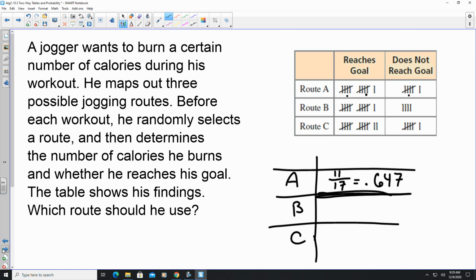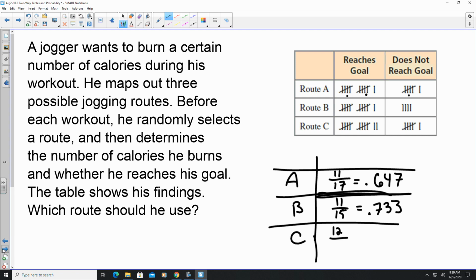For part B, it was 11, and the total was 5, 10, 15. So 11 out of 15, and that's going to be 0.733.